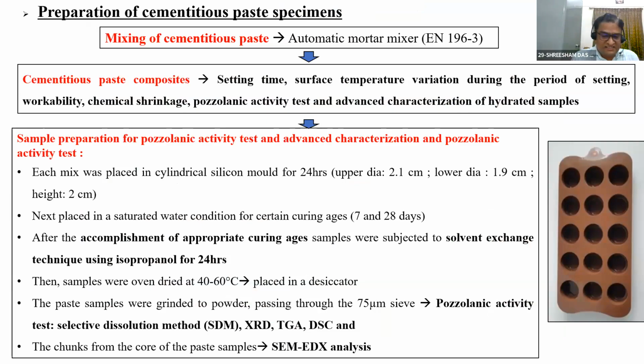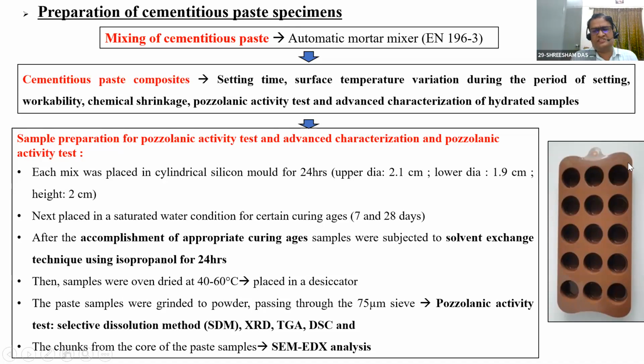But for advanced characterization studies, like to check the hydration phenomena, the mineralogical phenomena, and the thermal behavior, that is the differential scanning calorimetry test, we have taken paste specimens, same proportion. For the paste, you can see on the right side, this is a silicon mold normally used for preparing chocolates.